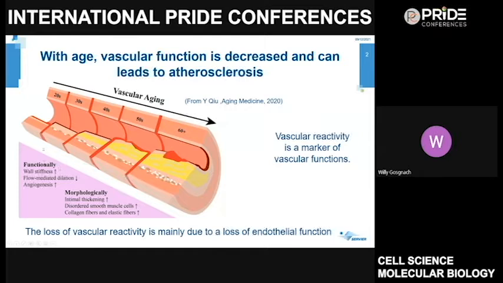This vascular reactivity is led by the endothelium, the inner layer of the vessel wall, that integrates the stimuli from the blood flow and transduces them to the underlying smooth muscle cells that will relax or contract in order to adapt the vessel diameter to the needs of the surrounding tissue.